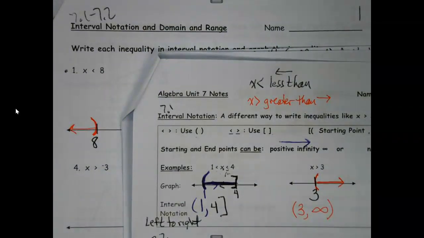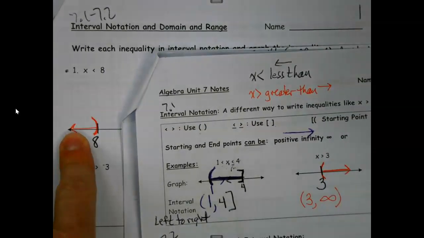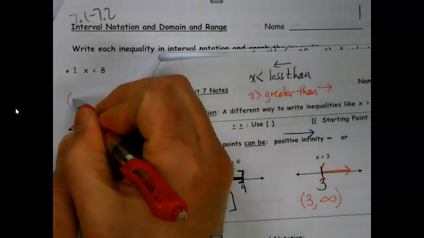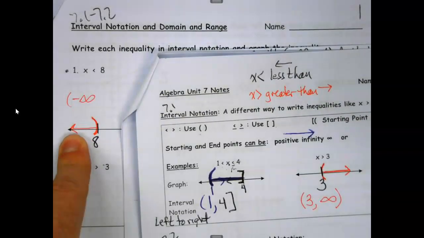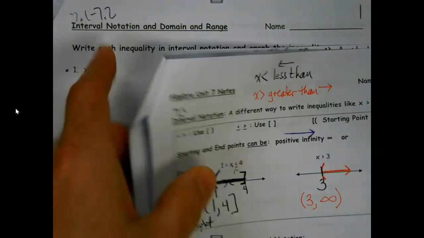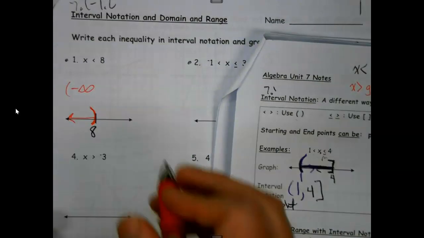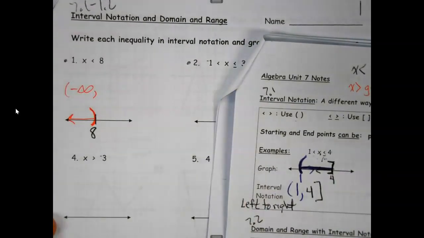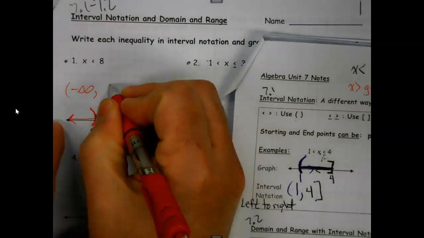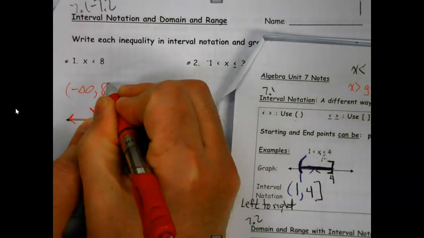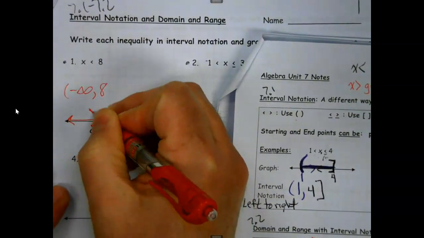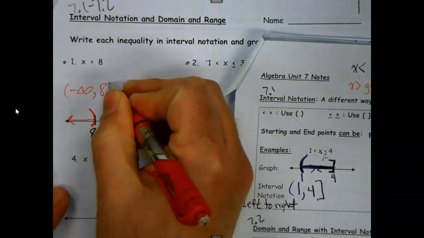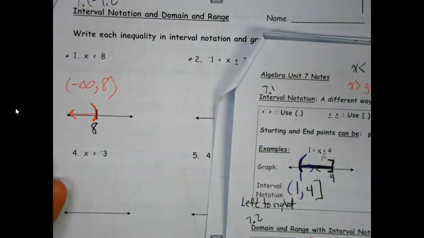So now our interval goes left to right. Left, negative infinity, because if it goes left, negative infinity. Please, is it a bracket when it's a number? Okay, now as far as the 8 goes, when I get to the right here, whatever symbol you used on the graph is the same symbol you're going to use here.